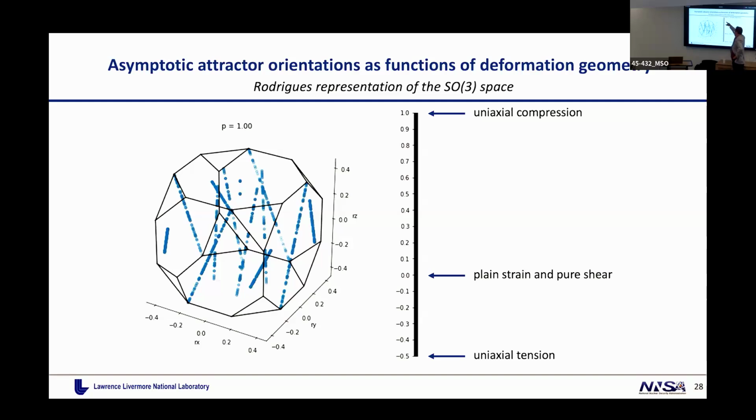As it slides down from 1 to minus 0.5, it samples all kinds of deformation geometries, including the famous uniaxial compression, plane strain, pure shear, uniaxial tension, and anything in between. So you will see this slide down, and you will see how the stationary points, the blue points, are in fact the stable attractor orientations to which things should stream.